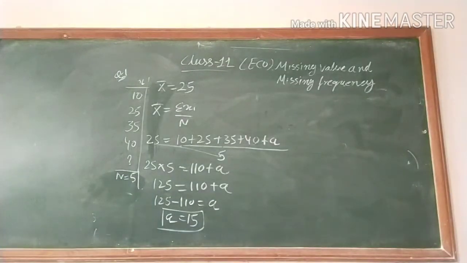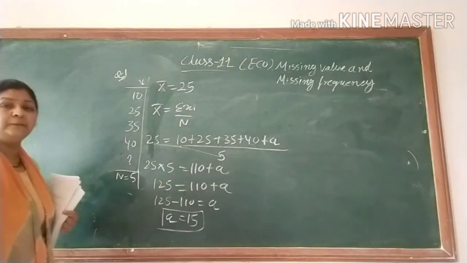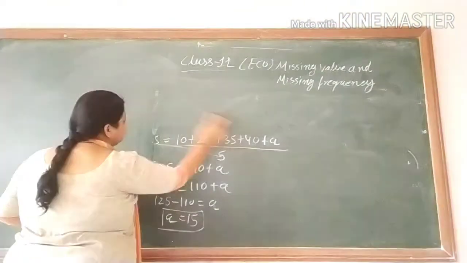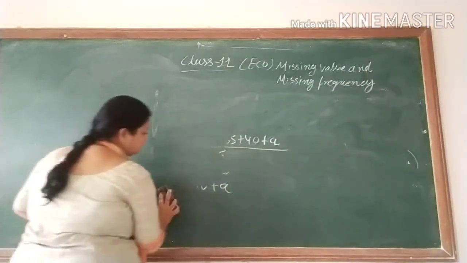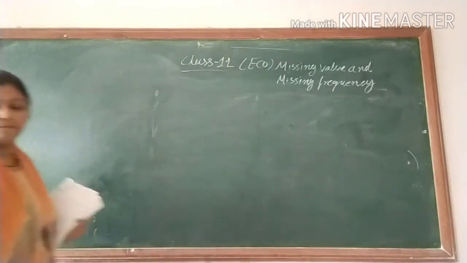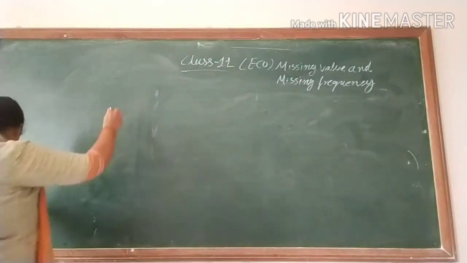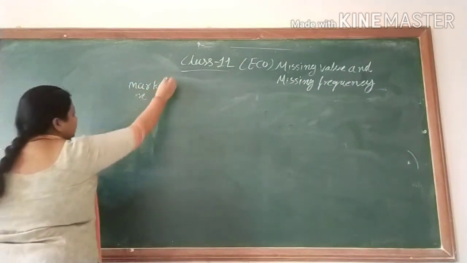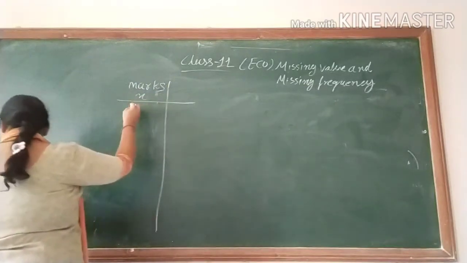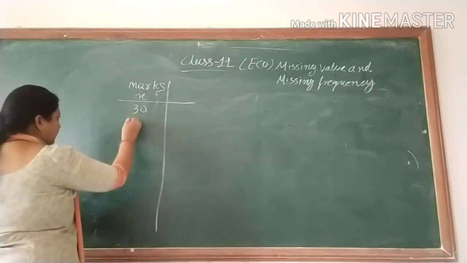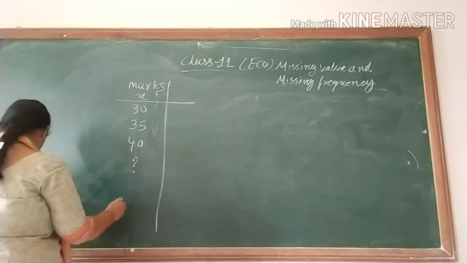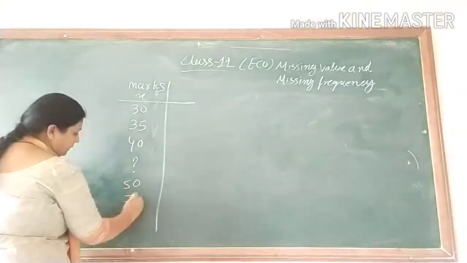Now the second, the discrete series. What do you mean by the discrete series? It means x and f both are given to you. Marks is given to you, we can call it x: 30, 35, 40, question mark, 50 and 75.